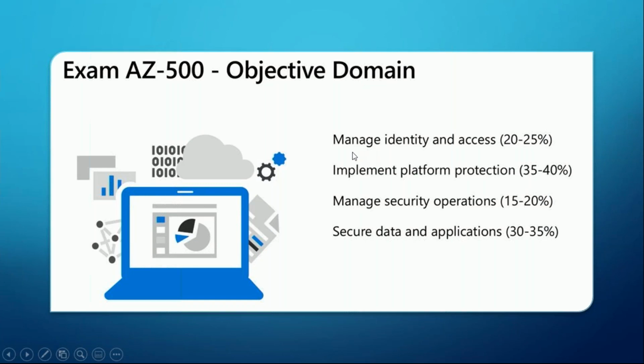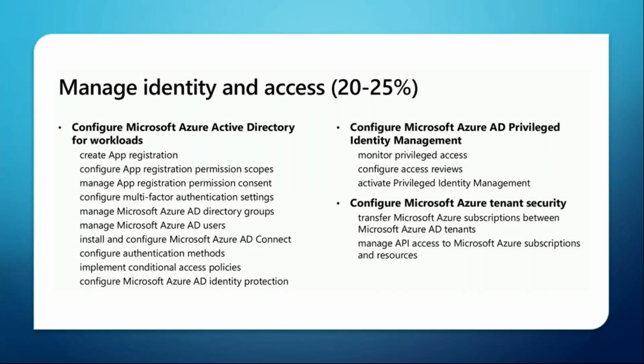So here we go. What are the things inside manage identity and access? We have configuring Microsoft Azure Active Directory workloads. First of all, you need to understand deployment and how to migrate existing enterprise users from Active Directory.